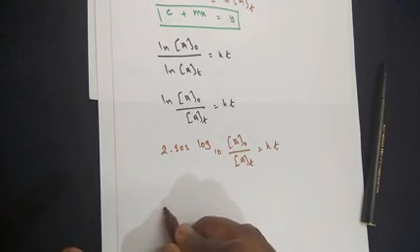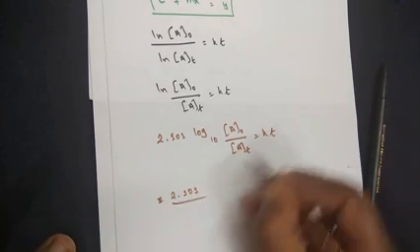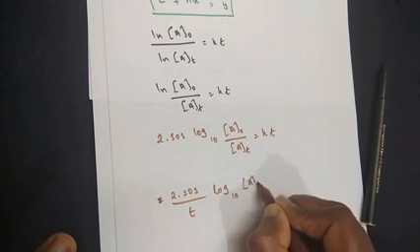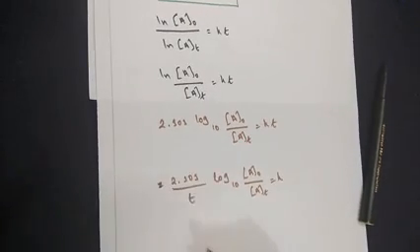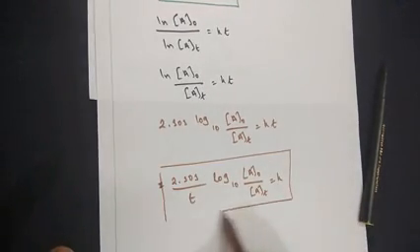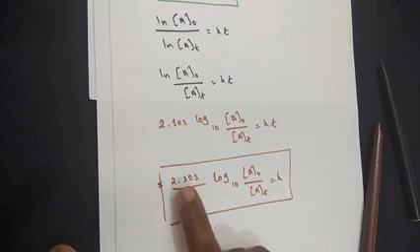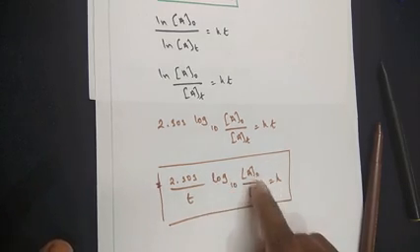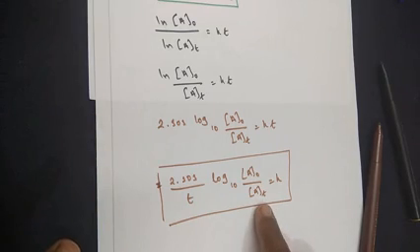So the same formula can be written as 2.303 by t into log to the base 10 of concentration of A naught by concentration of At is equal to K. So this is the formula for the first order reaction, that is K equals 2.303 by t into log to the base 10 of A naught by At. A naught stands for initial concentration and At stands for concentration at the given time.